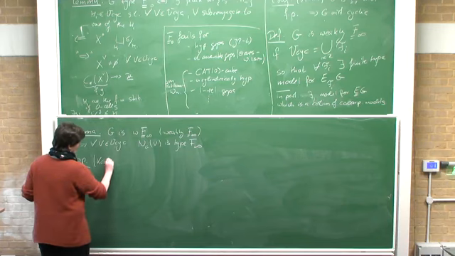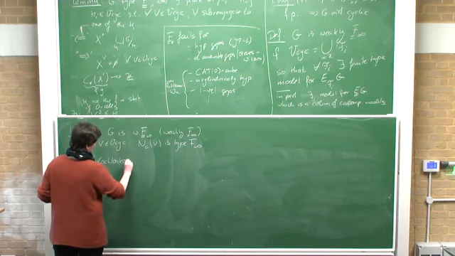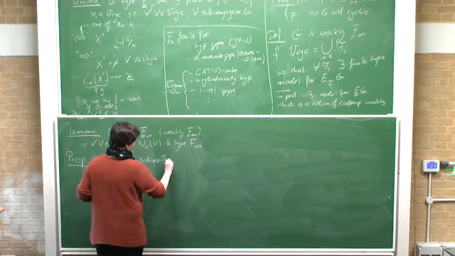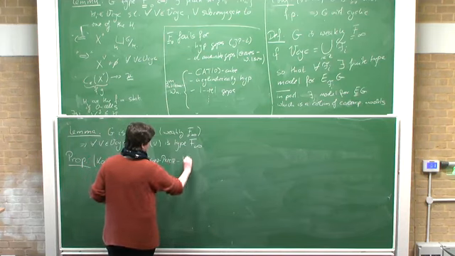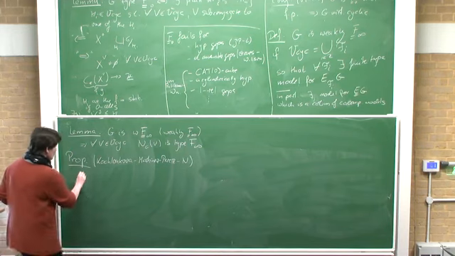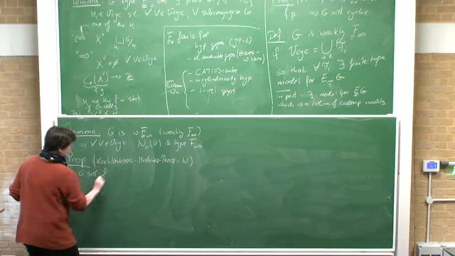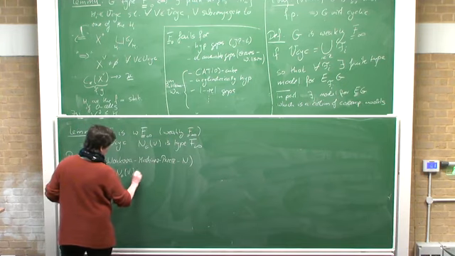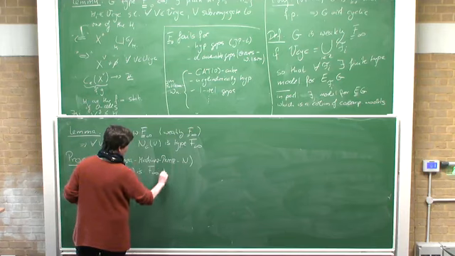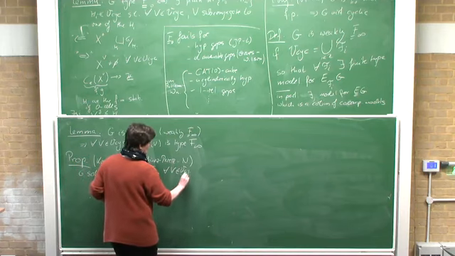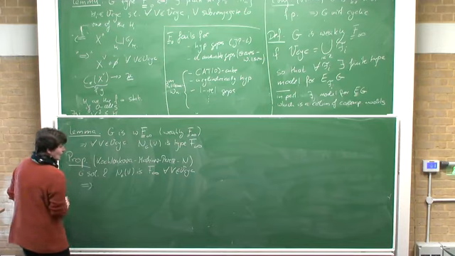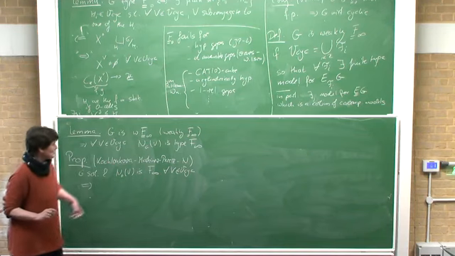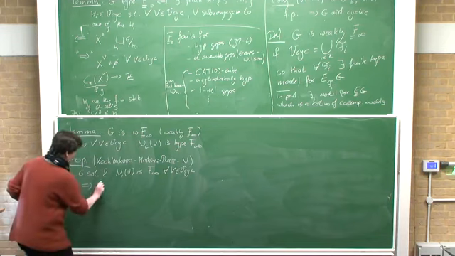So that's an old result. If G is soluble and this condition holds, and N_G(V) is of type F_infinity for all V, so let's have a trivial group here, then G is polycyclic.